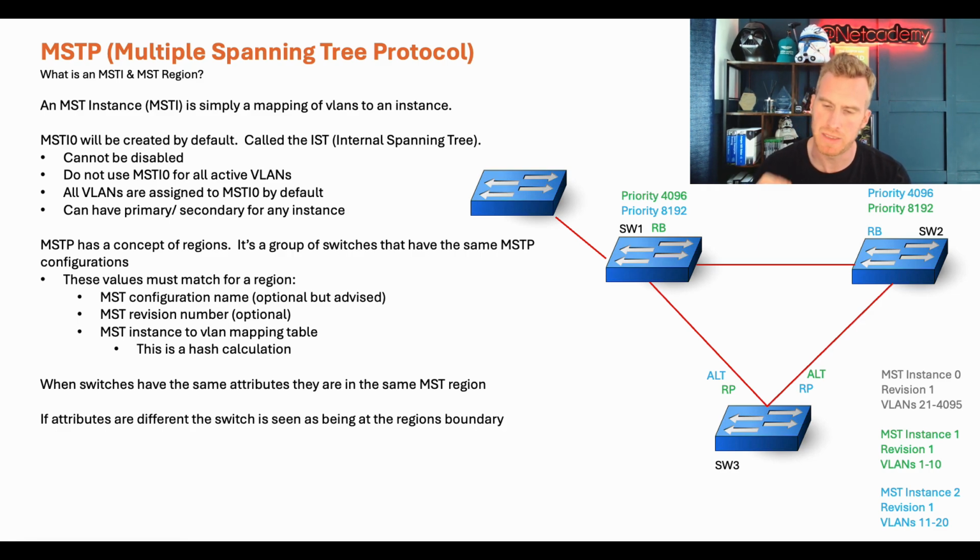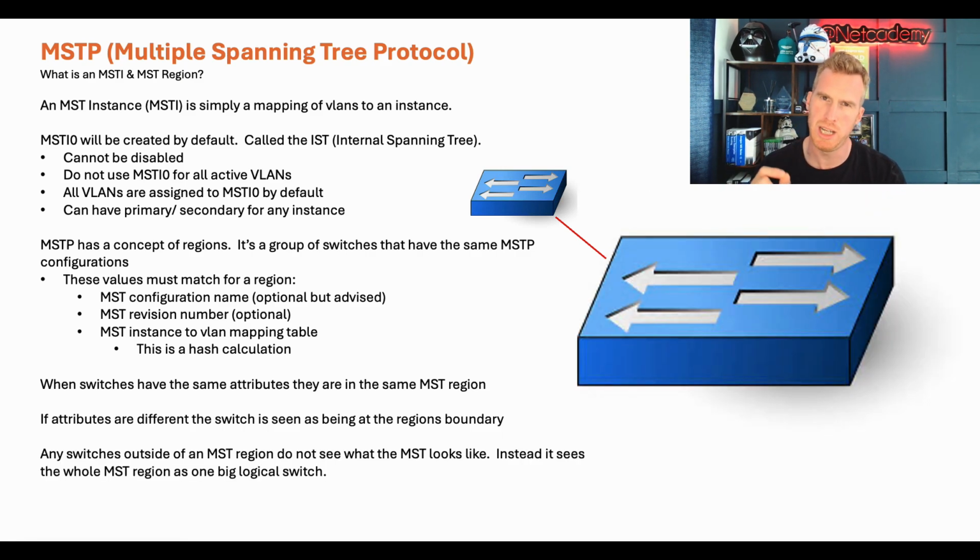And what you have at this point is what's known as a region boundary. We're going to come onto this in quite a few minutes time, but just know this is a boundary between one region and another region, and you're going to have something called a boundary port. Come on to that in a few minutes time.